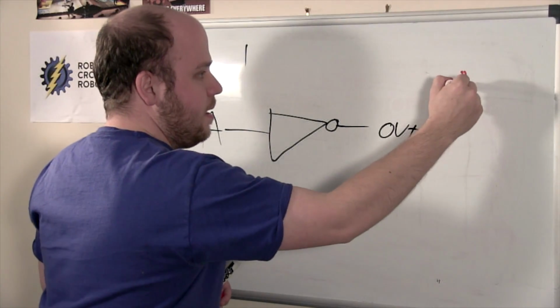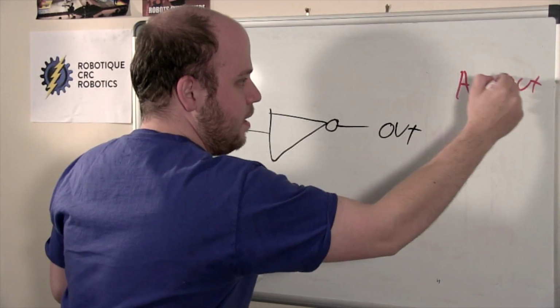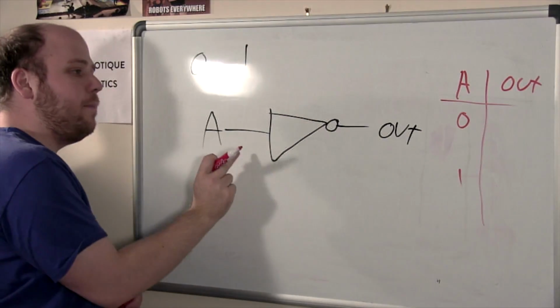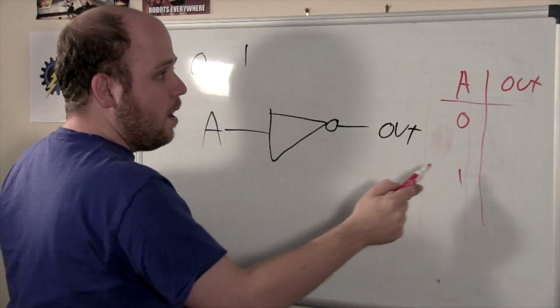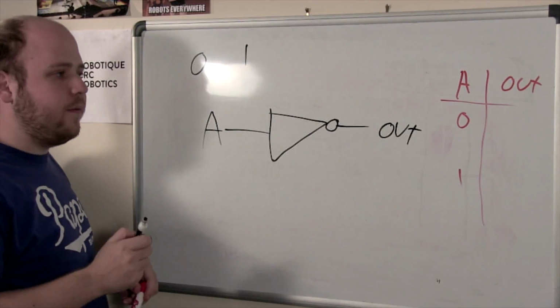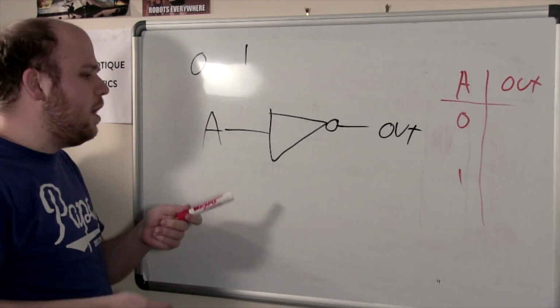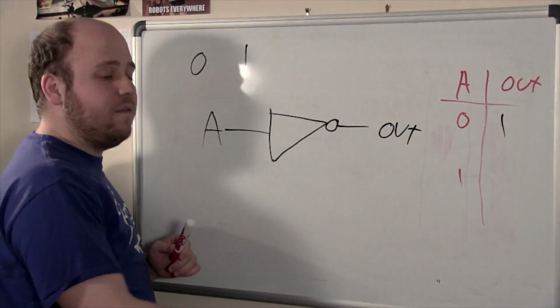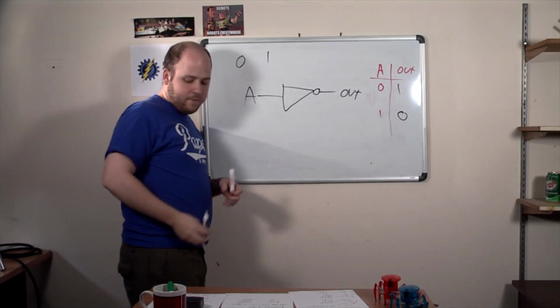We get the A, we get the out, and two possible values since there's only one input. So 0, 1, the output. NOT. Interesting. Let's call it the inverter if you want. If there's a 0, the output will be 1. If there's a 1, the output will be 0.